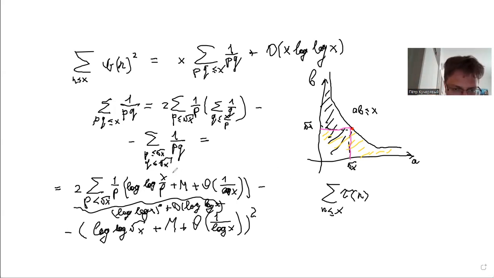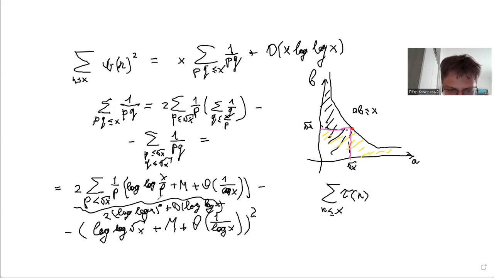So log x over p. Where did our m go? Here you see we sum over p less than square root of x, 1 over p multiplied by m. It's big O of double logarithm of x. Understood. Yes, thanks. And here also we have 2.